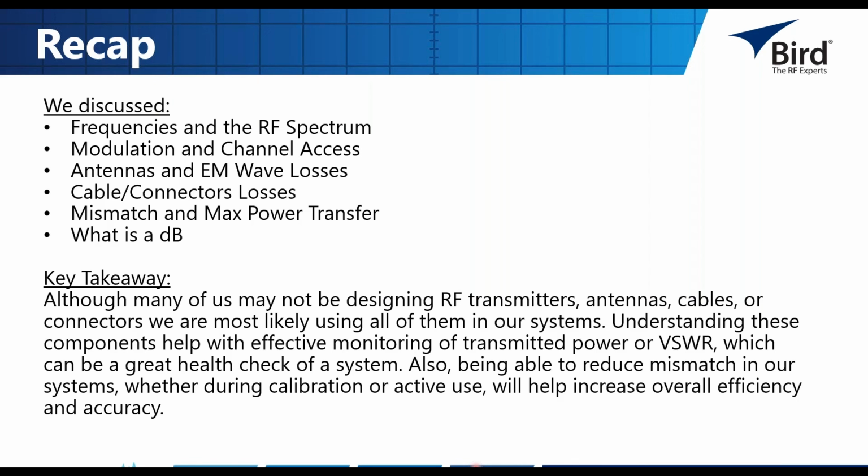A lot of us might not be designing an RF transmitter or an antenna or a cable or connector, but I'm very sure that we're all using these in our systems. And the more that we understand these components, the more that's going to help us to effectively monitor our transmitted power, or maybe we're monitoring antenna VSWR, but this is really going to be a great way to get a health check of our system.